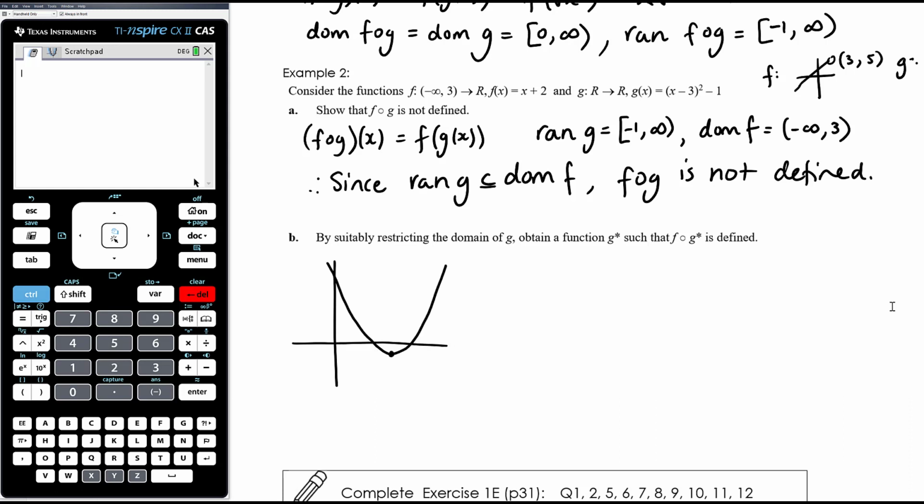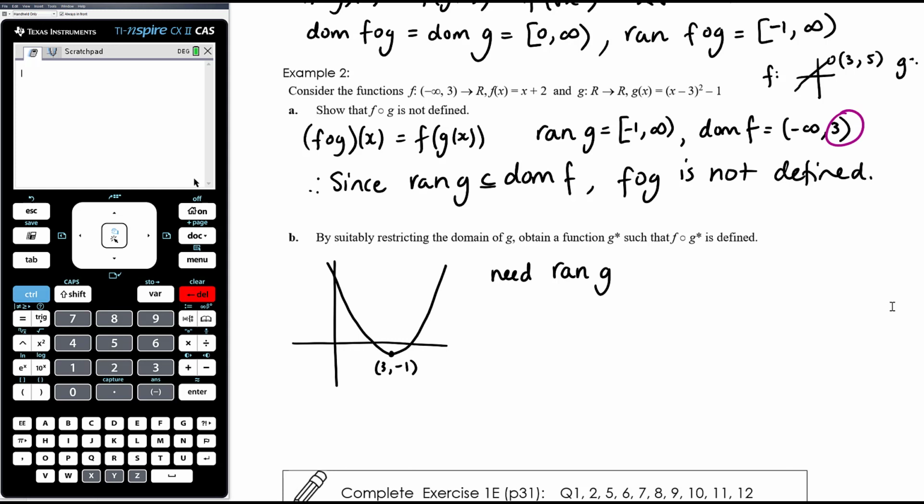For the composition to exist, we need the range of G to fit into -infinity to 3. Now, we're not going to be changing where the turning point sits. We're not translating the graph. We just want to restrict its domain. The range currently goes from -1 up to infinity, and the problem is that we need it to stop at 3 so that it will be a subset of the domain of F.